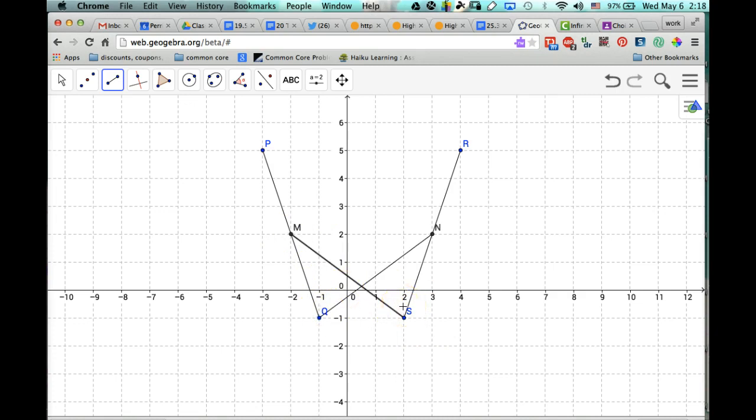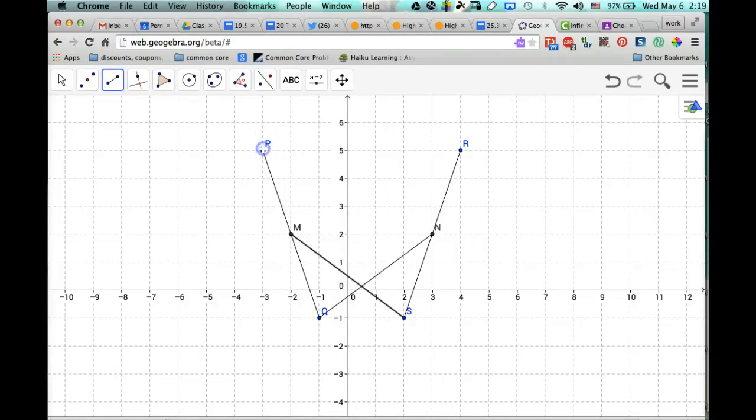And you know what? I feel like I'm done with my drawing, right? But then now we have to think about something, right? If I want to prove that this angle and this angle is the same, what do we have to prove? We have to prove that this triangle and that triangle is the same. Which is going to be hard because I don't have coordinates for this one right here, right? Are you supposed to finish connecting everything else to the P? That's the point. So you know what?